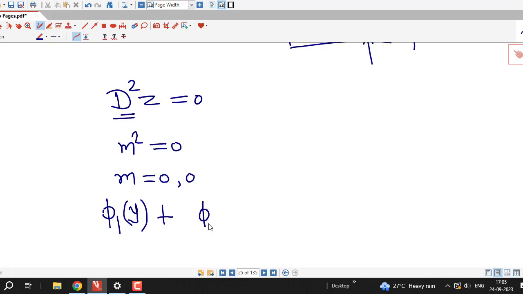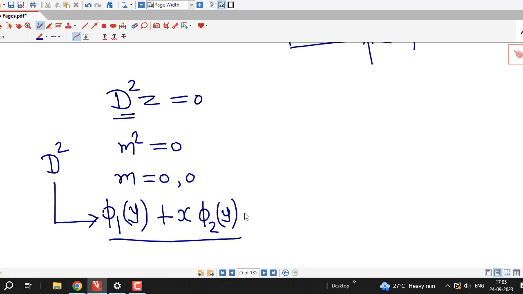Again 0 is repeated, so phi 2 of y plus 0x, which is phi 2 y, and here I will multiply by x. So whenever I have D square in the product, the part of general solution corresponding to D square will be written as phi 1 y plus x times phi 2 y.